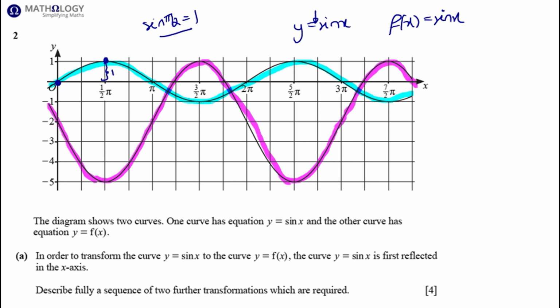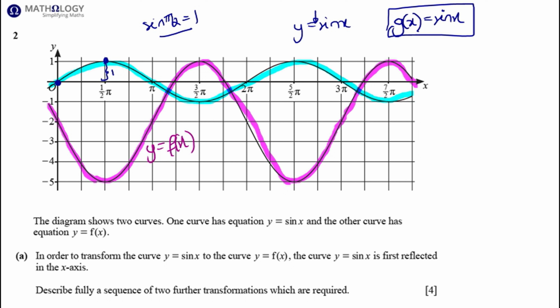Now, to obtain y equals f of x from y equals sin x, in fact I shouldn't have called this f of x, we'll call this function g of x because we are leading to this function y equals f of x. So we first reflect g of x about the x-axis.